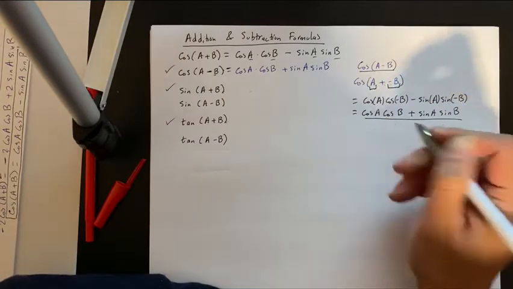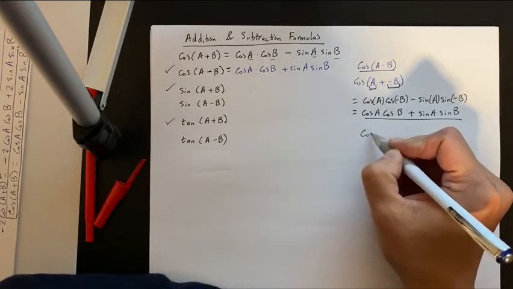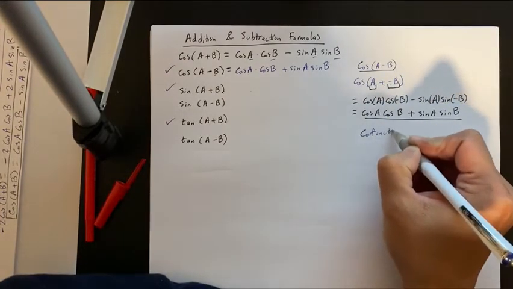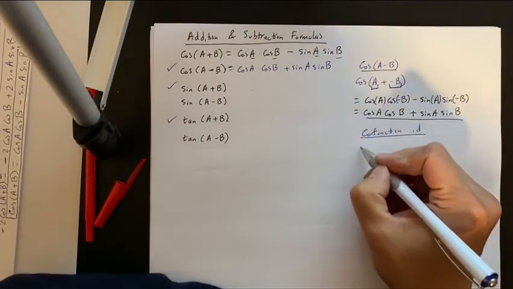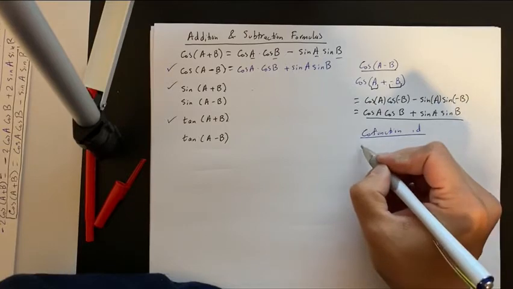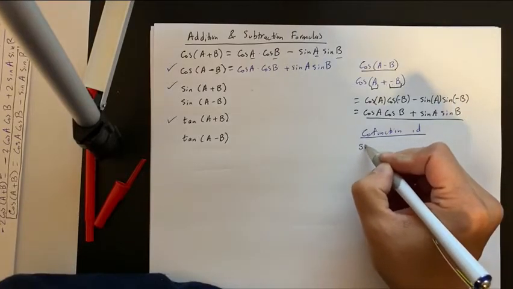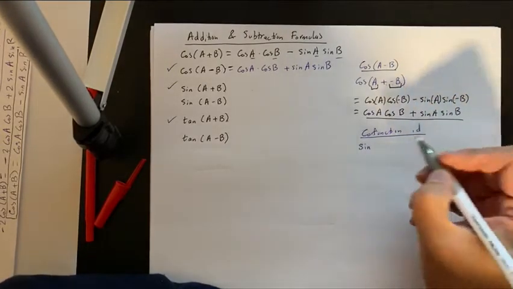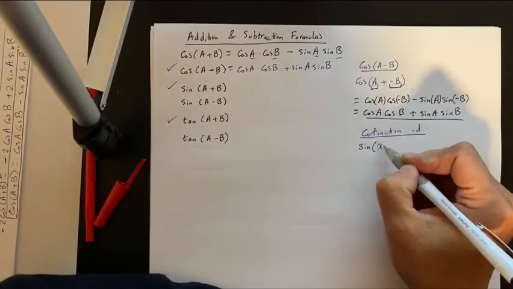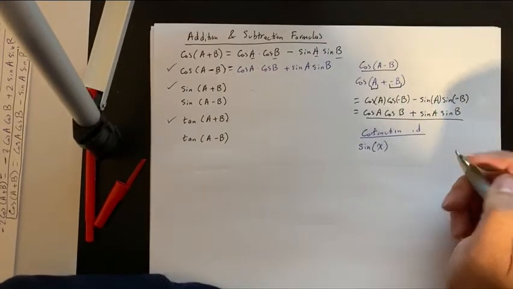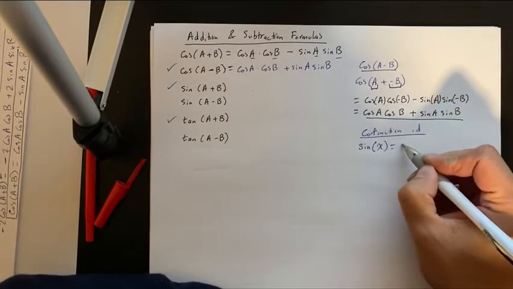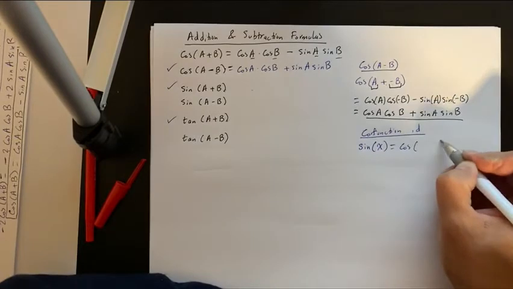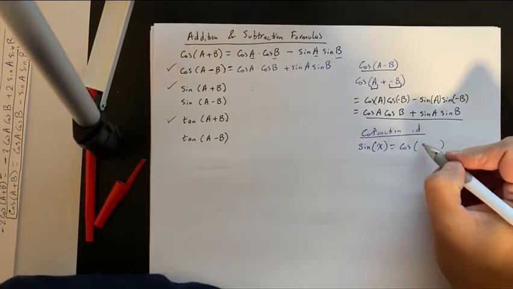So if you guys recall, the cofunction identity for sine and cosine, if you have, let's say, sine of x and you want to change it to cosine, then you can use pi half or 90 degrees.